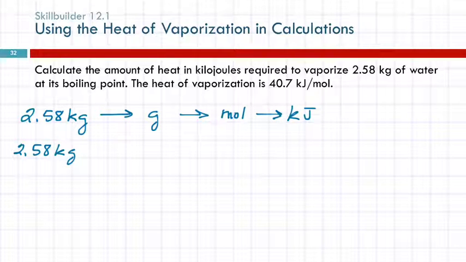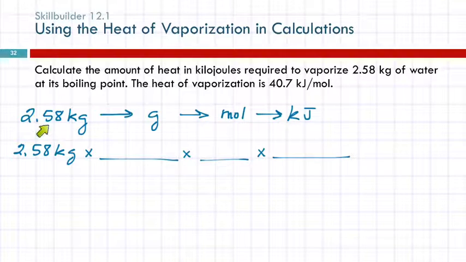So 2.58 kilograms times in a line, times in a line, times in a line. And these are the units: kilograms to grams to moles to kilojoules. And then we put the units in the bottom so they cancel out.